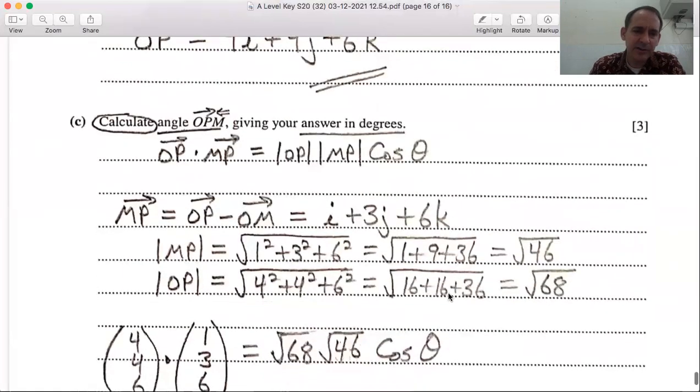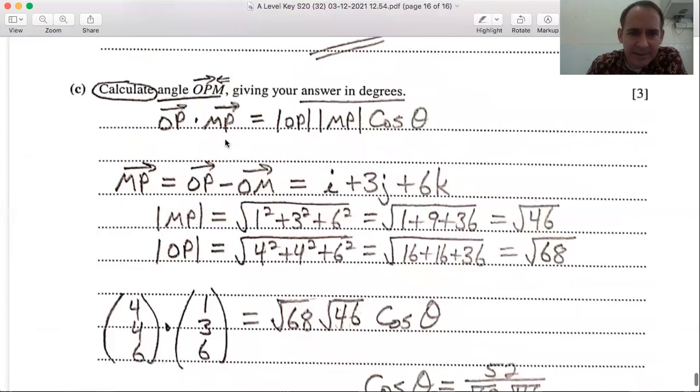Now we want to calculate angle OPM. So remember, you can either work from the middle variable out or from the outer variables in. So I have OP dot product MP equals the magnitude of OP times the magnitude of MP cosine theta. We want to find the answer in degrees, so make sure your calculator's in degree mode.